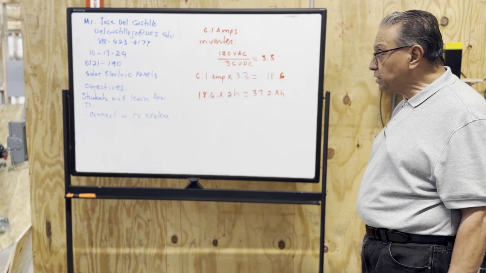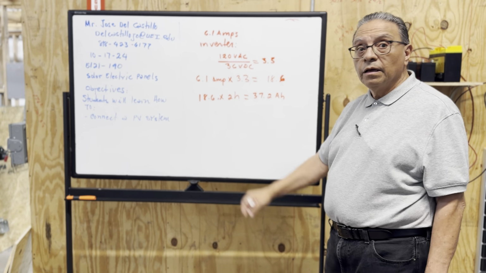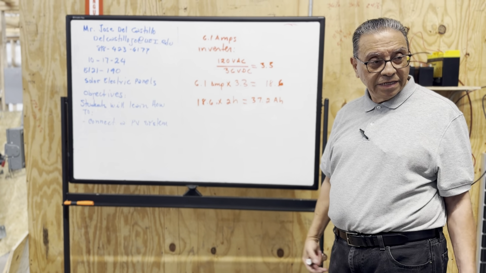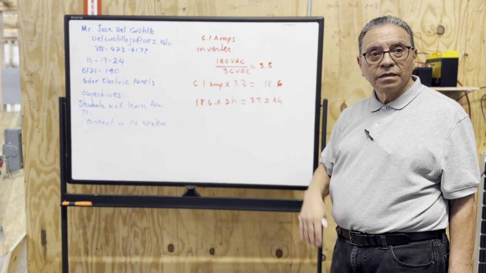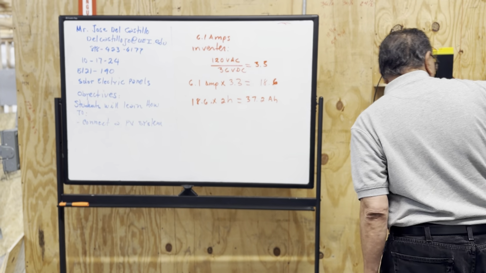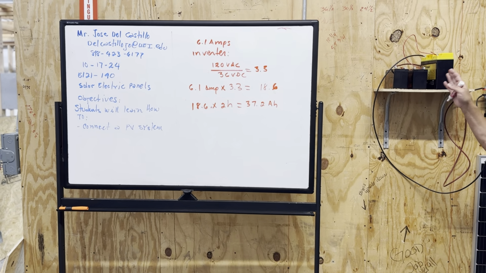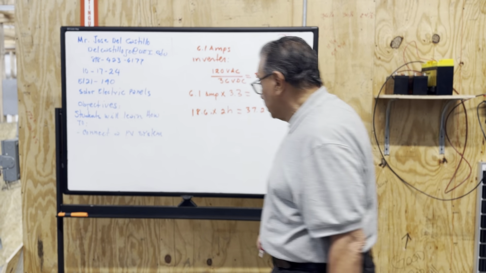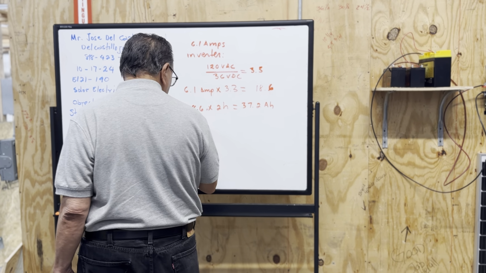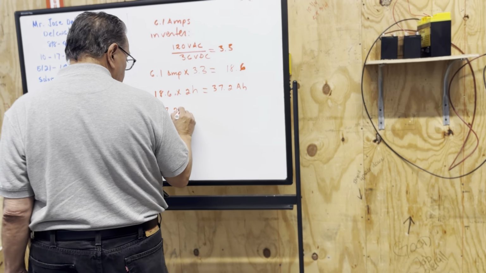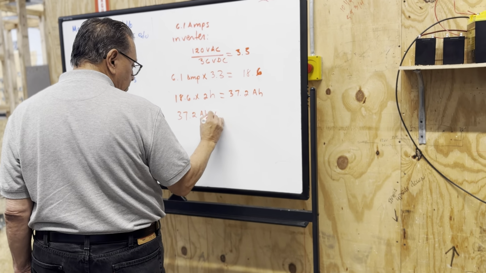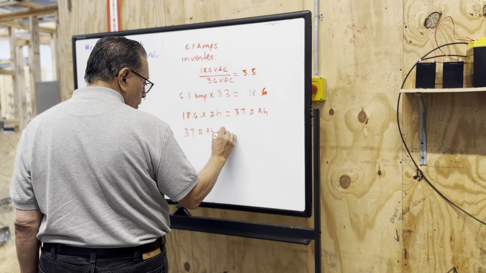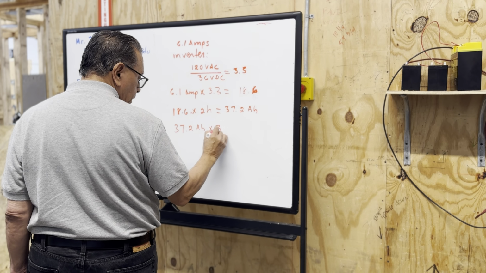So the next question, this was the number of hours. For how many days? Let's say 3 days, 3 nights, without using the solar panel to recharge this. So I will multiply 37.2 ampere-hours times 3 days.